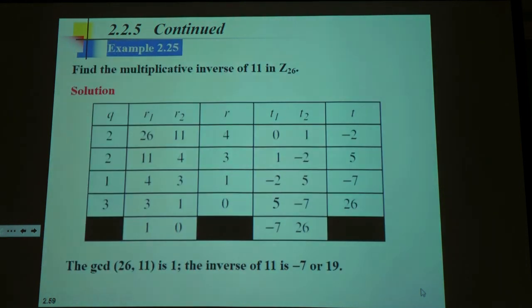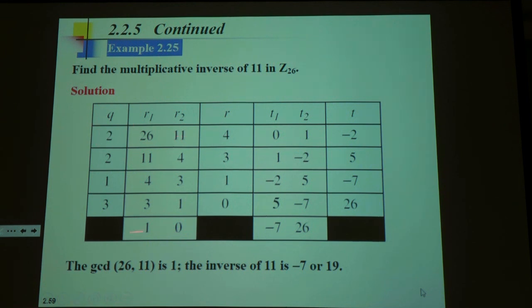So if I need to calculate the multiplicative inverse, for example, I have 26 and 11. I need the multiplicative inverse of 11 in Z26. So I put 26 here and 11 here. You know how we did that, right?